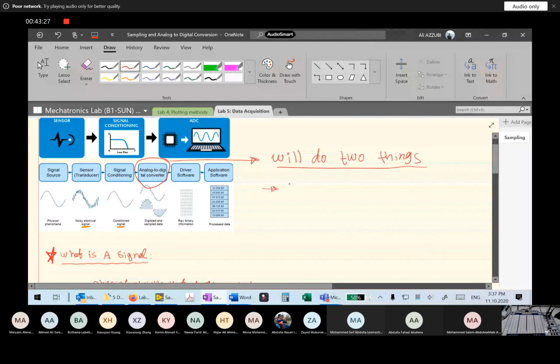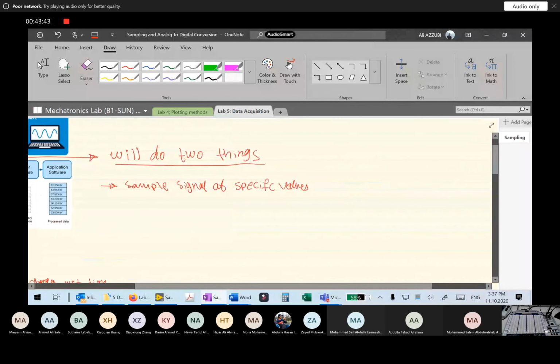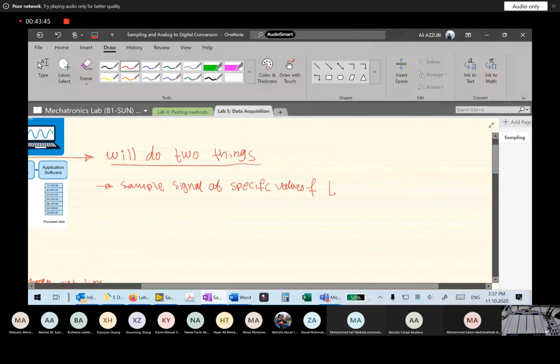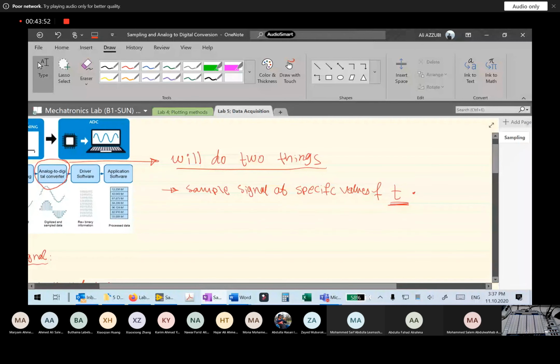It will sample my signal at specific values of t, and at the same time it handles the value of the signal itself.